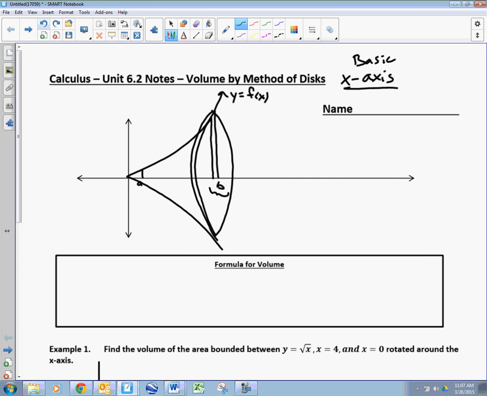And what we do is, when we want to find the volume, we don't just rotate one rectangle, we rotate an infinite number of them.